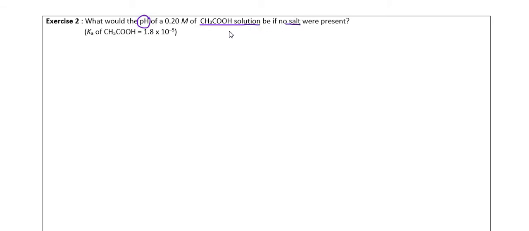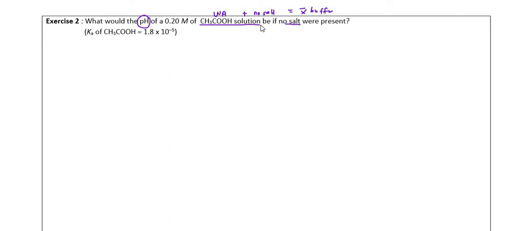That means the mixture is weak acid plus no salt, so this is not a buffer solution. If you detect that the mixture is not a buffer solution, you do not need to use the Henderson-Hasselbalch equation.